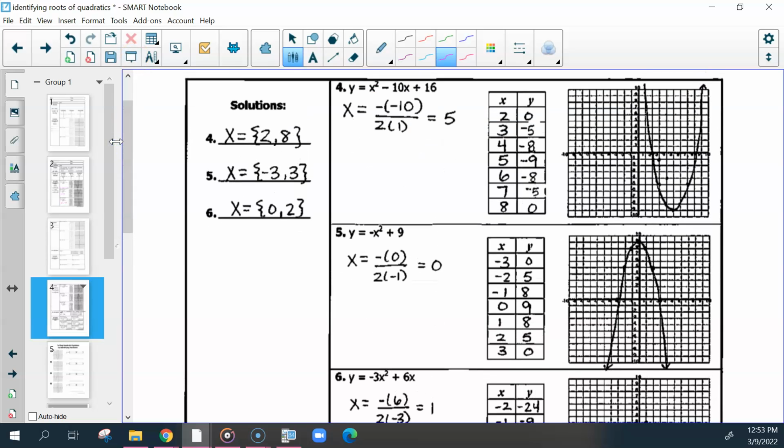Number 4, your 2 solutions were at 2, 0 and 8, 0.